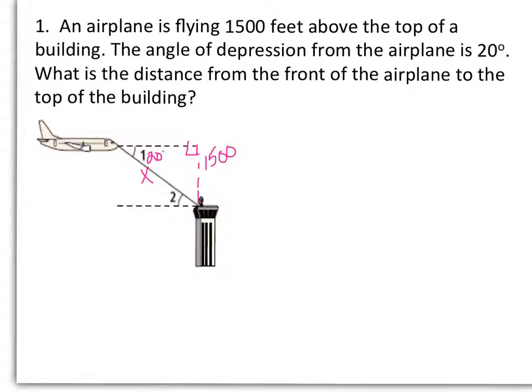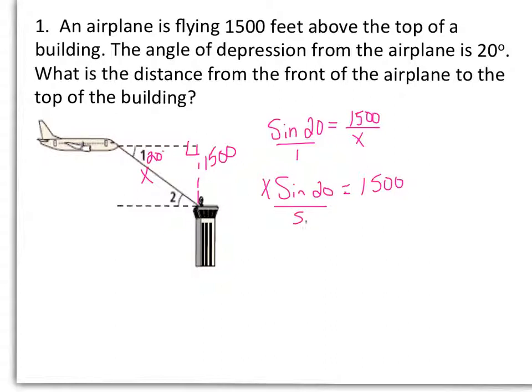So in relationship to my 20-degree angle, 1,500 is opposite and x is my hypotenuse. So this would be the sine. So sine of 20 equals 1,500 over x. Then take the cross product. So x sine of 20 equals 1,500. Again, remember to make sure your calculator's in degree mode whenever performing operations with trig functions.